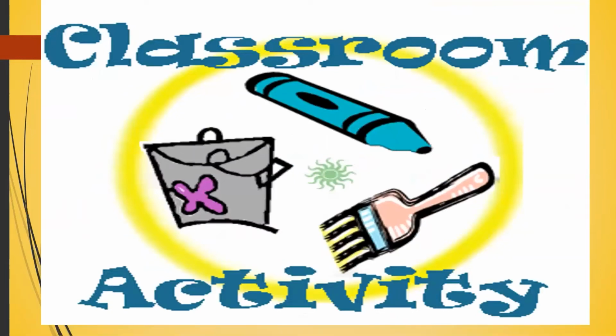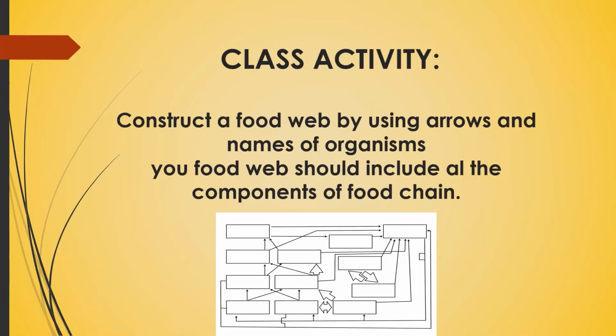Now it is time for the class activity. The class activity will be conducted individually. Worksheets will be distributed to the students, and the teacher will ask them to write their name and construct a food web by using arrows and names of organisms.